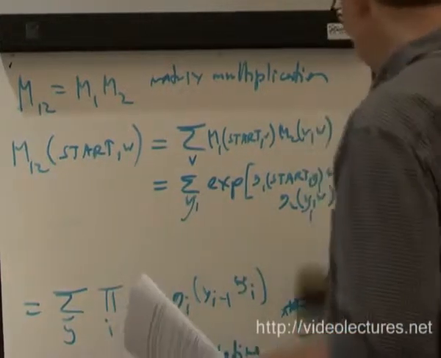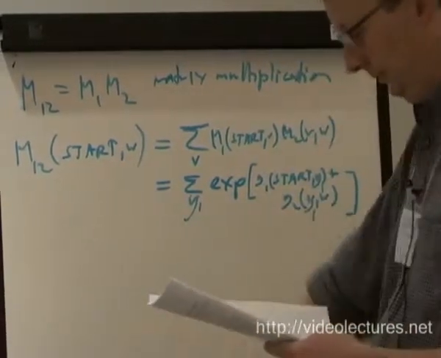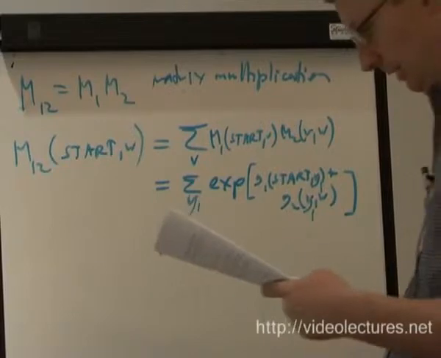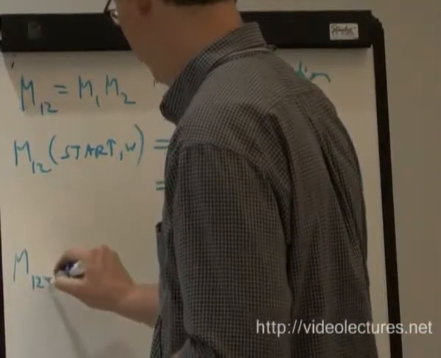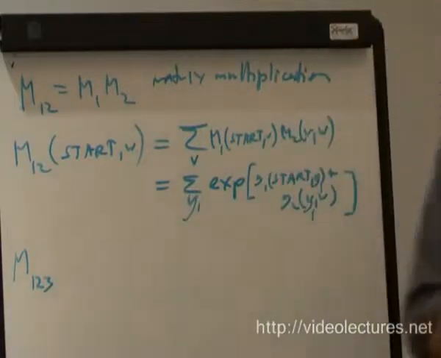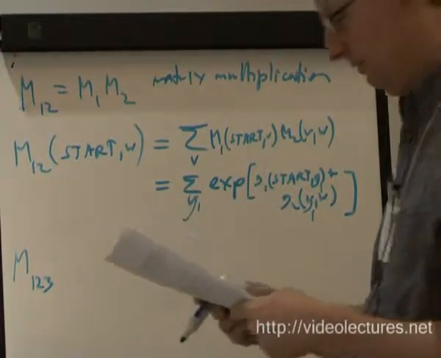And so I can continue. So M_123. So now I'm multiplying together M_1 and M_2 and M_3.